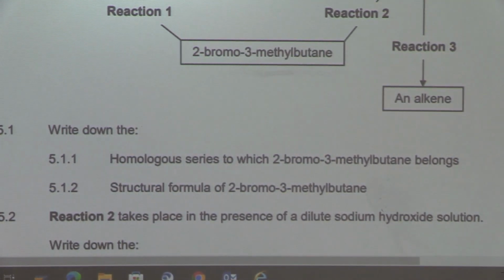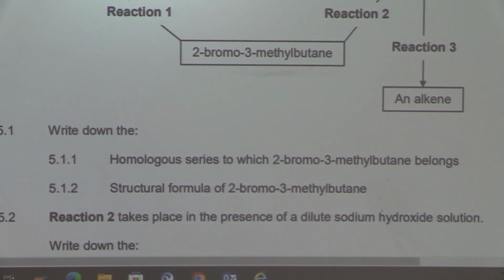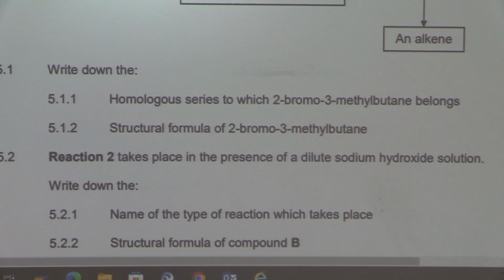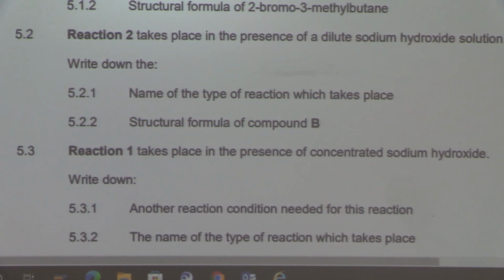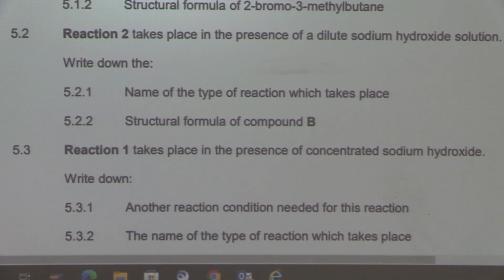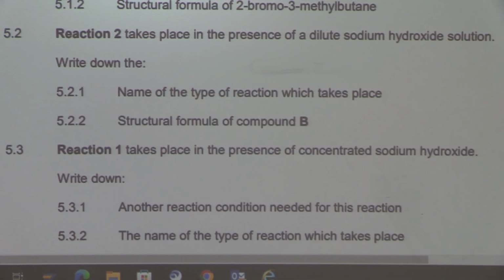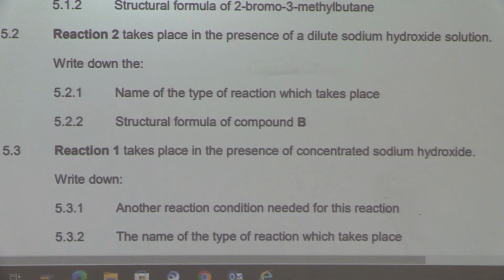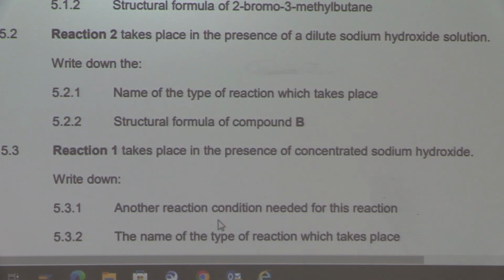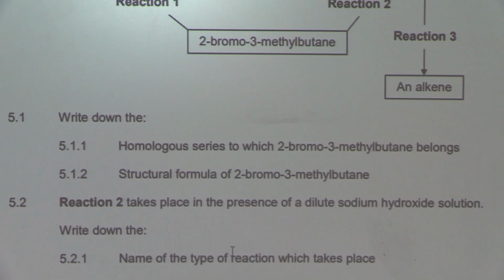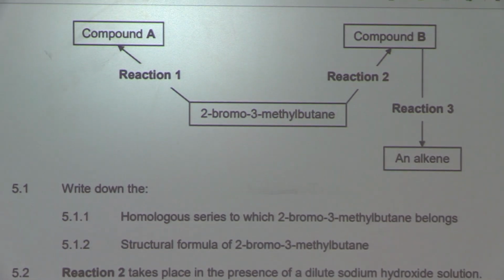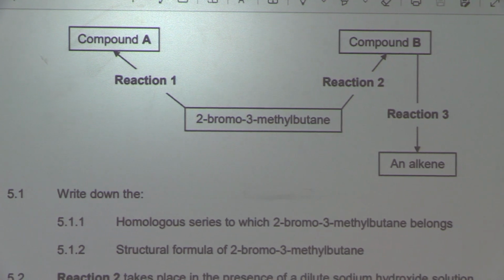5.2, reaction 2 takes place. Let us look at what happens in reaction 2. Now here 2-bromo 3-methyl is known as compound B. Now reaction 2 takes place in the presence of dilute sodium hydroxide.